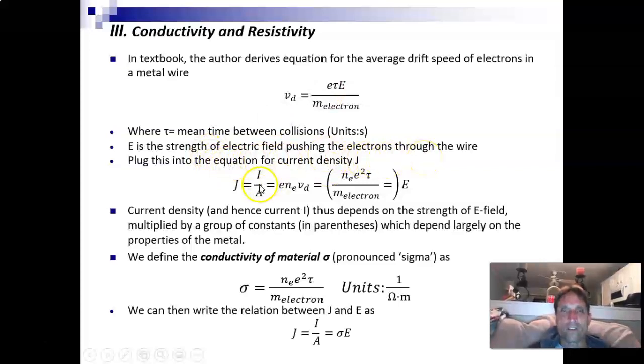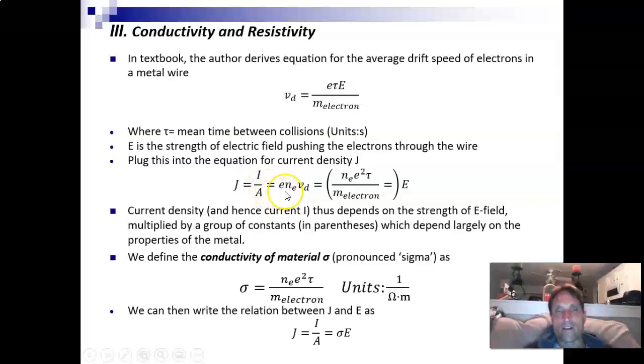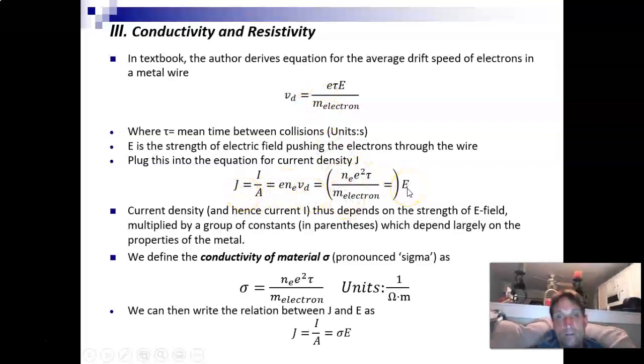So if we plug this into the current density, remember current density is current per area, and we derived this: it's the charge of the electron times the density of electrons times the drift speed. We plug all of this in for the drift speed, and we see that the current density depends on the electric field.